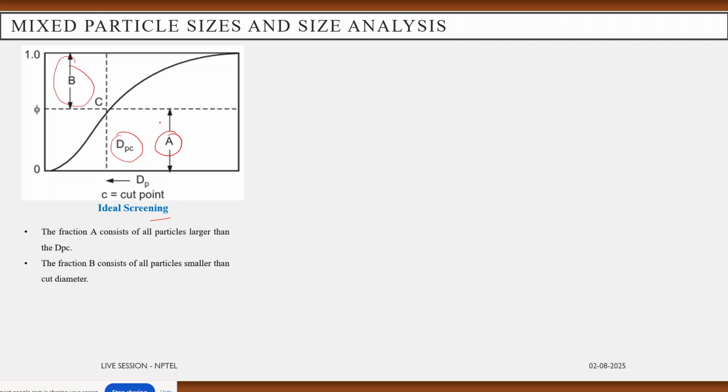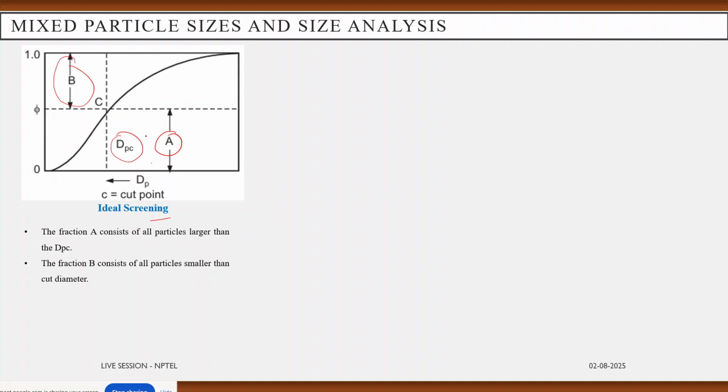So here you see there is no overlapping and there is a particular cut diameter. For that you can see that there is an exact sharp separation between the overflow and the underflow.